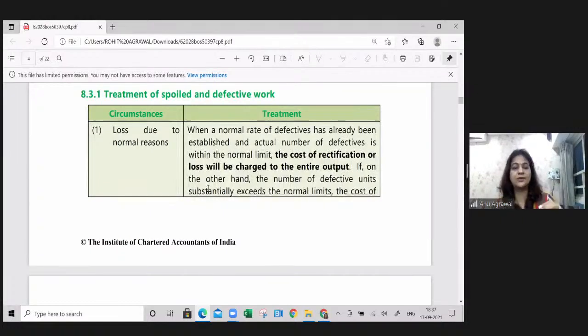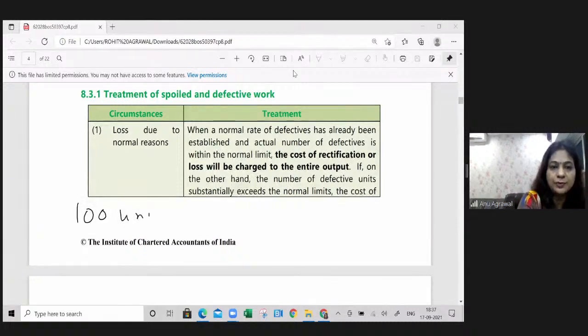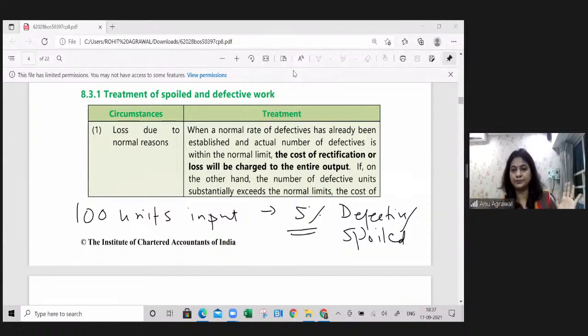For example, if 100 units of input are there, I put in that 5% would be defective or spoiled. This is a range: till 5%, I am fine.